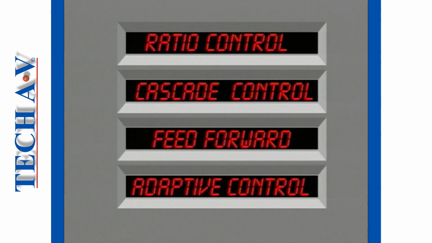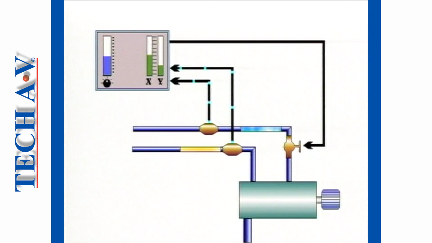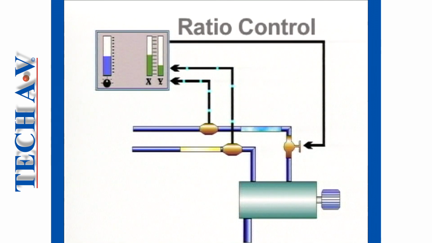To conclude this module, let's briefly review the 4 types of advanced process control the chemical company used to ensure plant safety, product quality, and operating efficiency. From the basic PID controller, we introduced ratio control, where the input from one stream was used to adjust the flow in another stream, thereby maintaining a constant ratio between the 2 streams.